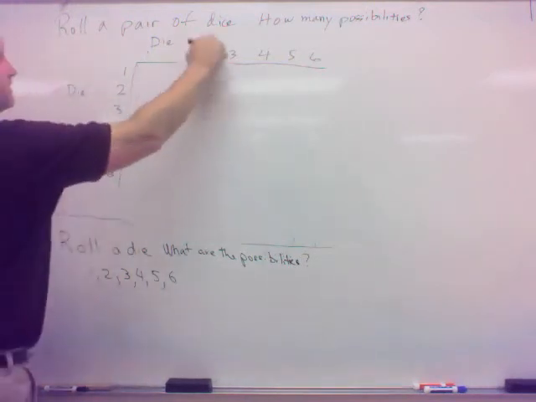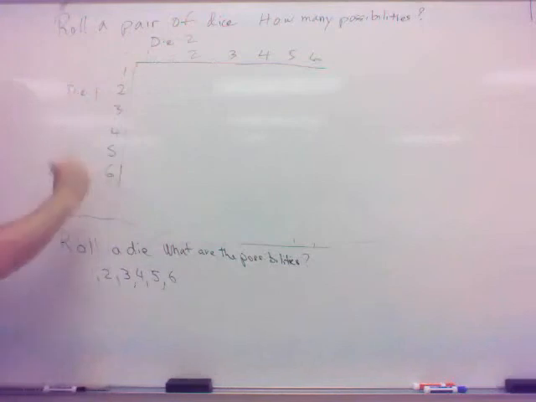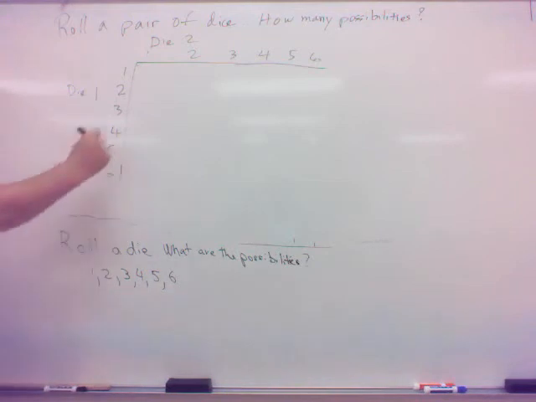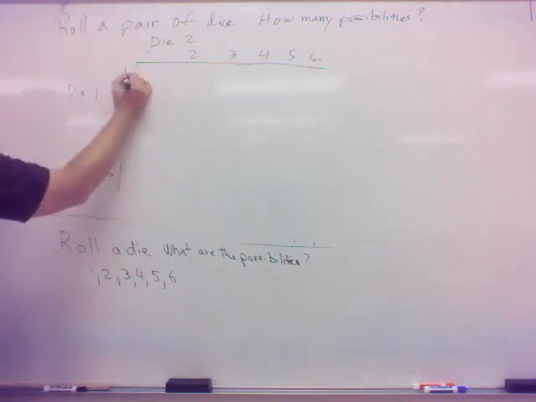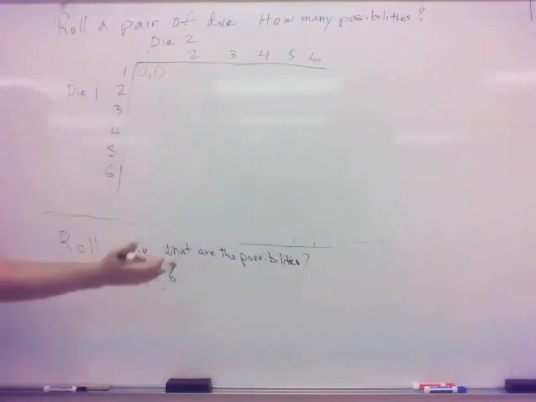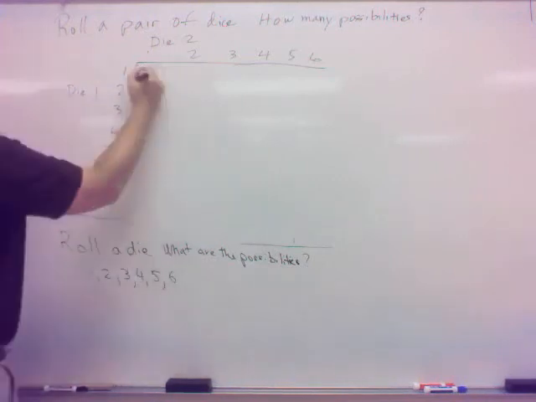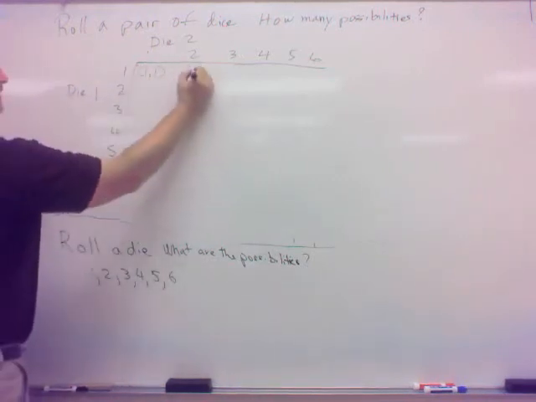Tell you what, I think the book goes with it like this. Die 1 on the left there. But anyway, arrange it like this because here's the possibilities. I could have 1 on die 1 and 1 on die 2. So let's just call that one, 1. Then I could have 1 on die 1 and 2 on die 2.